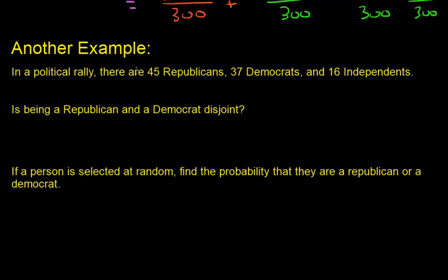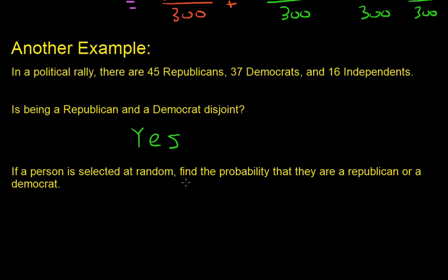Given this information, it appears that they are. No one is both a Republican and a Democrat, or at least they didn't report that. So being a Democrat and a Republican are disjoint. The answer is yes.